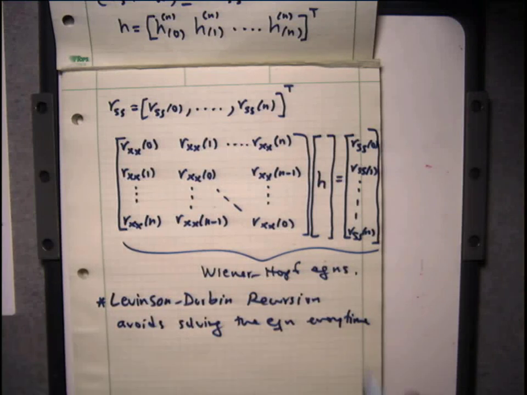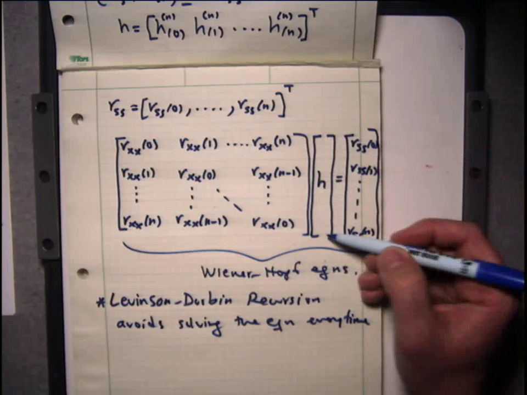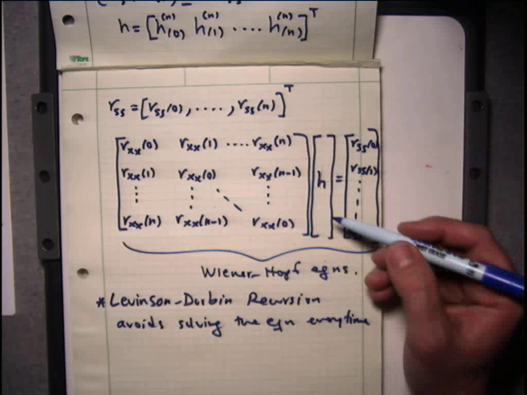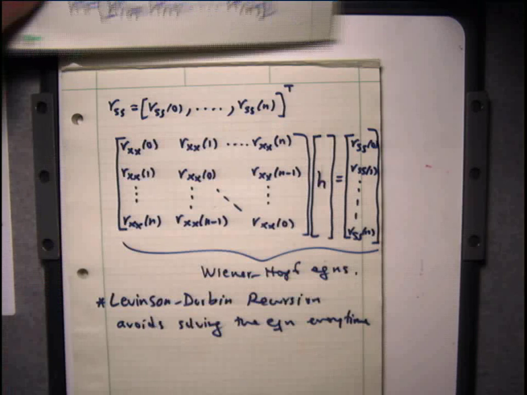Essentially, you establish a relationship between this h for time n and the h for time n plus 1. And then you carry that recursion forward in an algebraically very efficient way so that you don't have to actually solve this equation again and again for every time instant. There's a whole lot of literature on this, which if you're interested in, I can certainly point you to.